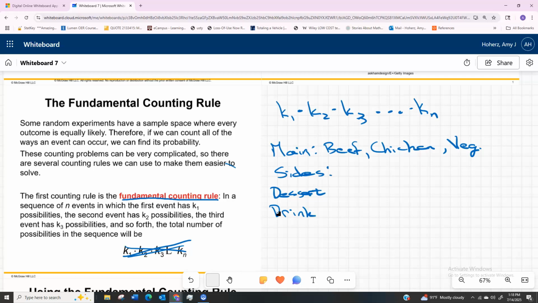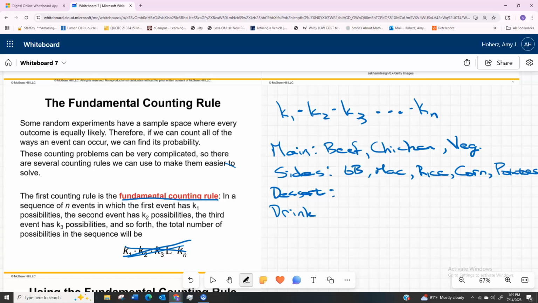For the sides, let's say 5 sides: green beans, mac and cheese, rice, corn, or mashed potatoes.